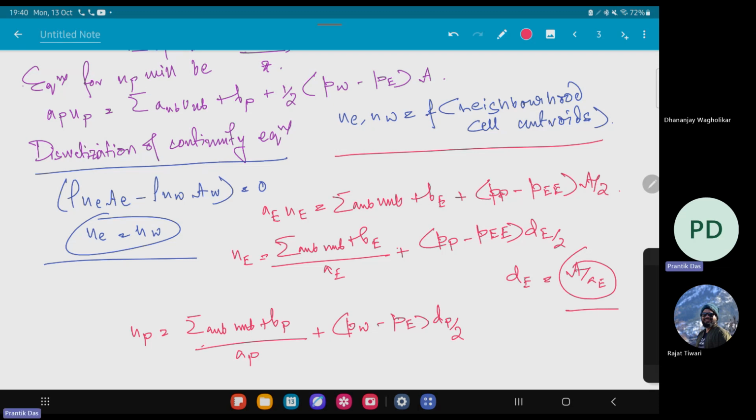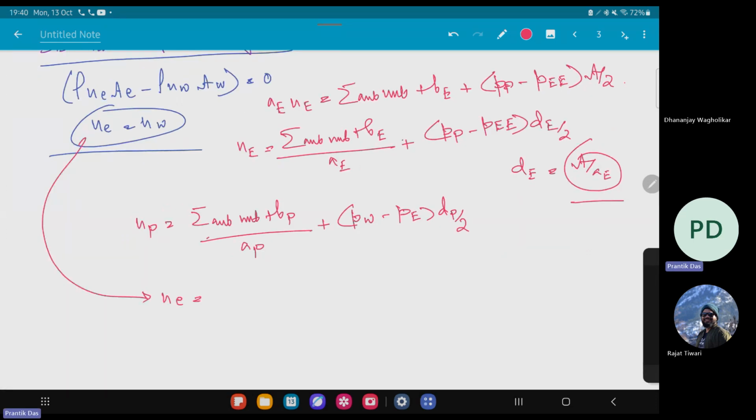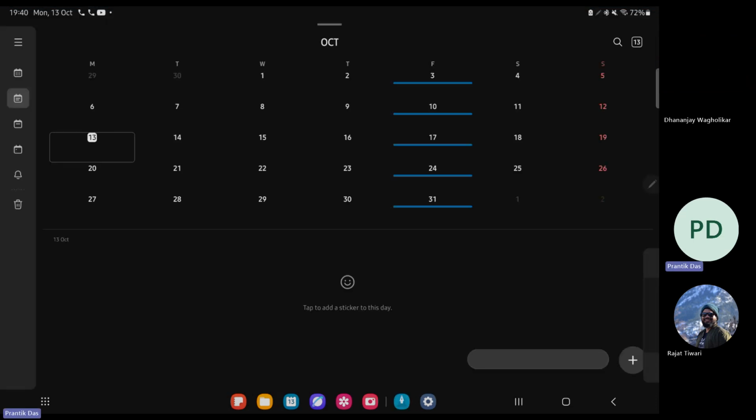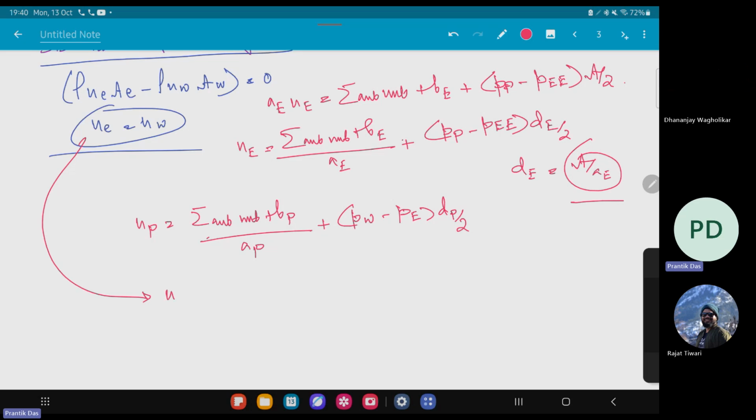So now we have discussed both the Navier-Stokes equation and the continuity equation. As I said earlier, one of the things we should not do is use a central difference formula, where small e is UP plus UE divided by 2, and similarly small w is UW plus UP divided by 2.